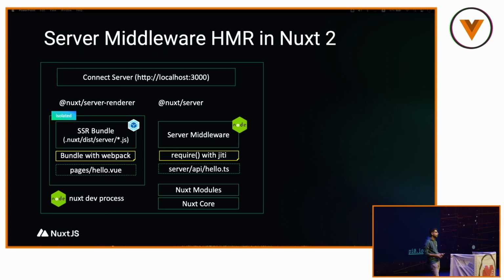This SSR bundle is loaded in an isolated environment, so it doesn't have any side effects if you reload your application in development mode. This server is running on the side with hot module replacement support. And server middleware in Nuxt 2 are actually in the same process as the Nuxt Node.js process that we are running with nuxt dev.